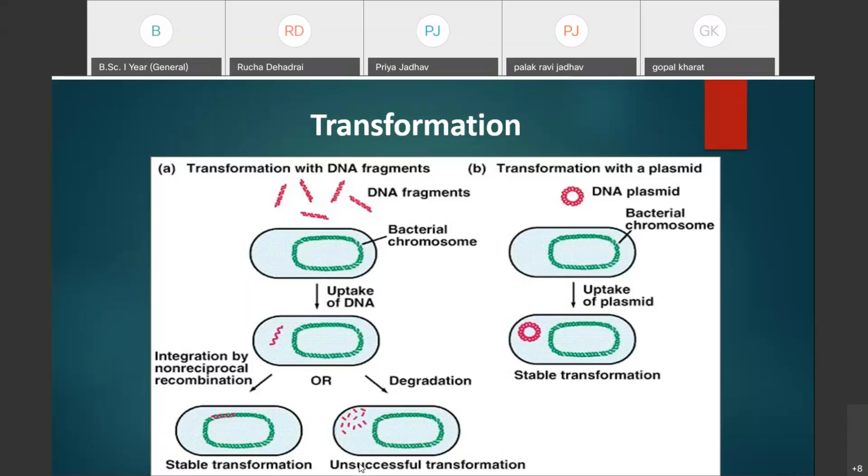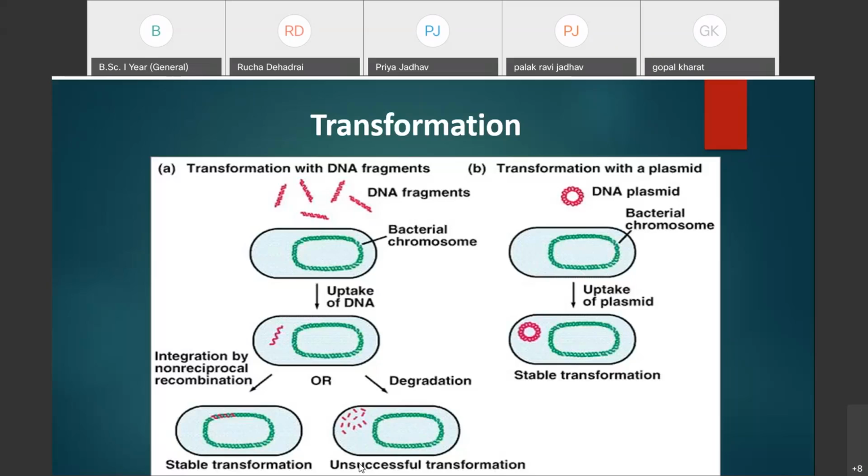Generally, this transformation takes place under special conditions, and these special conditions are referred to as the state of competence. The state of competence of the bacterial cell may last due to high temperature, ultraviolet radiations, and the use of certain types of chemical mutagens.